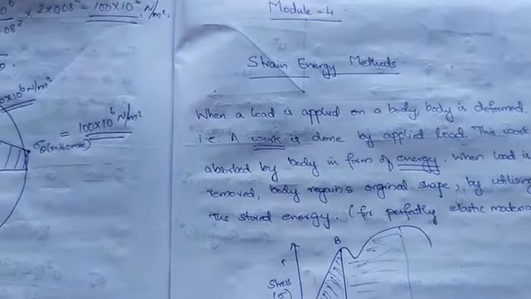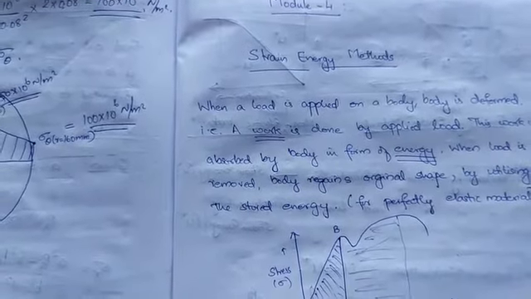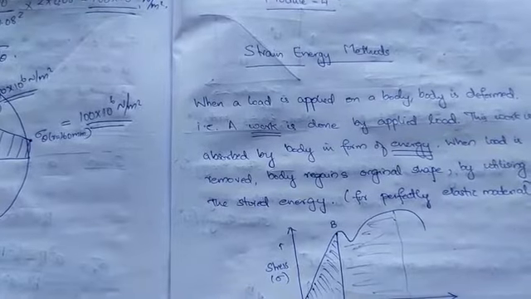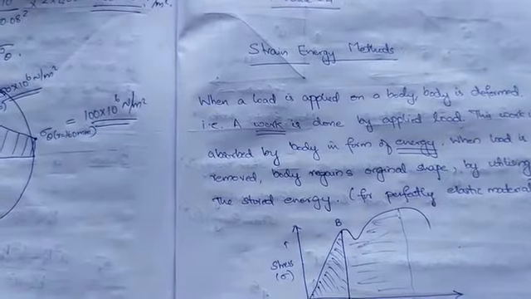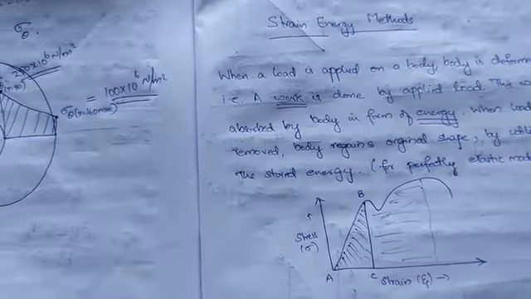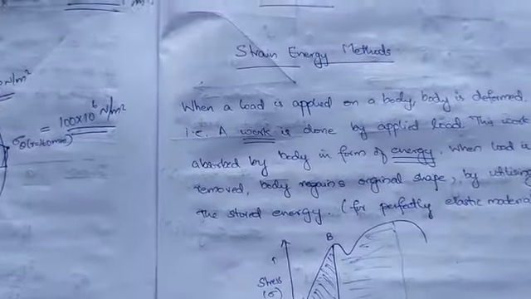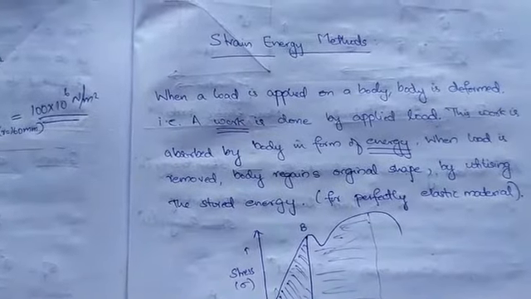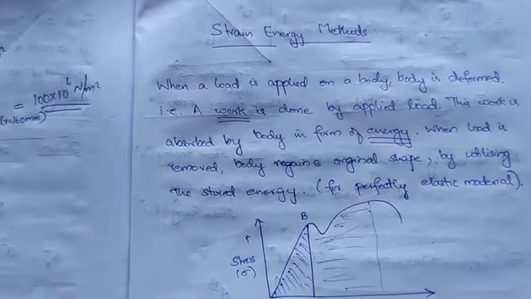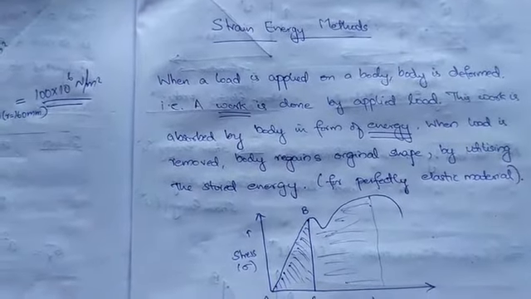That means the energy in which the object is strained is called strain energy, which is nothing but the work done by the application of force. When the load is removed, the body regains its original shape by using this stored energy.